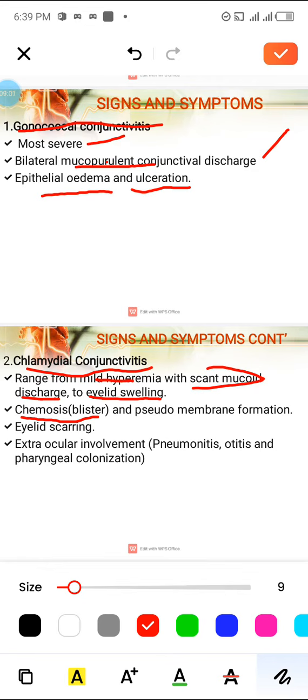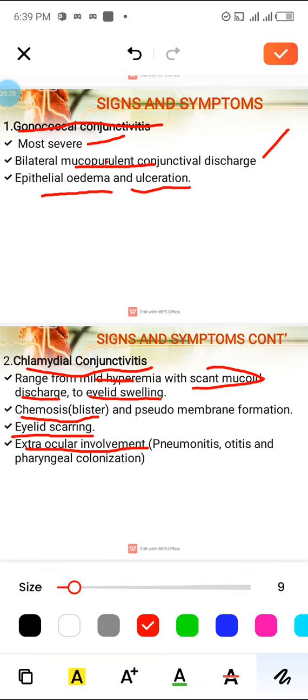Then eyelid scarring, meaning that healing can occur by scarring. That's what you're going to see. This scar tissue will be very hard tissue on the conjunctiva, which is very bad for the baby. Then there can be extraocular involvement, meaning something that is outside the eye, because ocular is the eye.